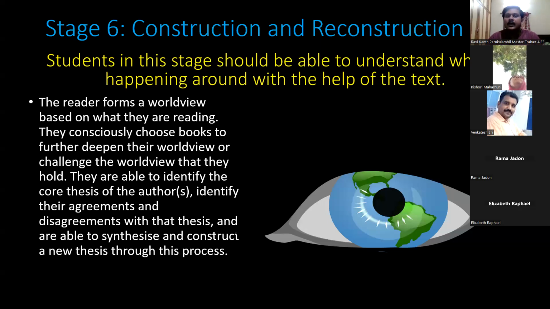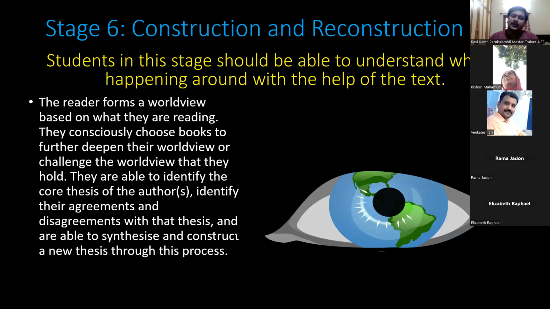Now they are reading and understanding the characters, and at times they also try to connect these characters with real life characters and incidents. Whatever they are reading, they are connecting it with the real world around them. They consciously choose books to further deepen their worldview or challenge the worldview that they hold.